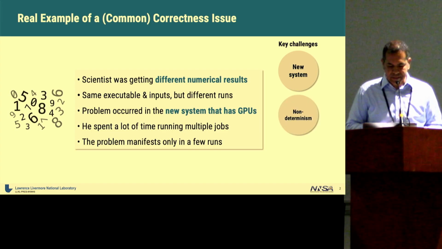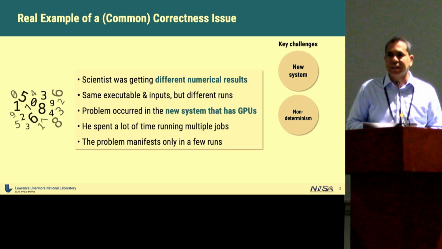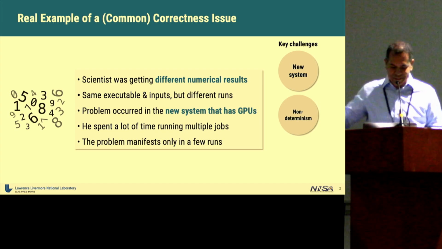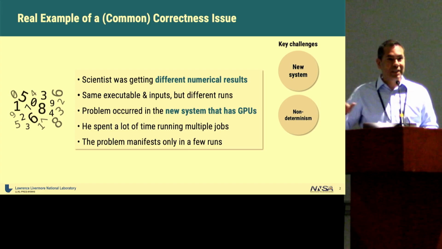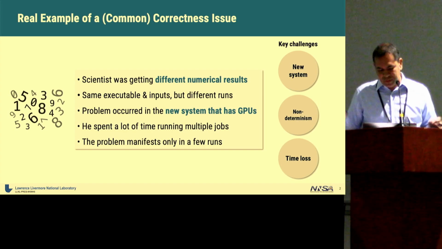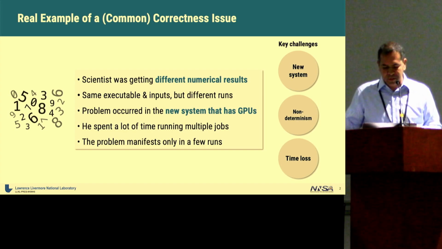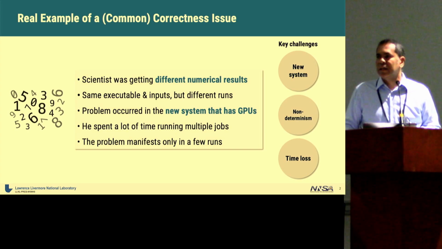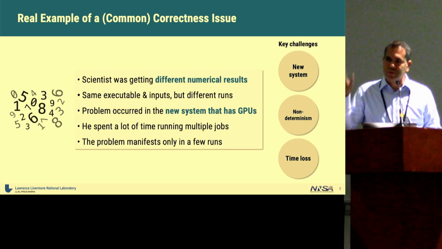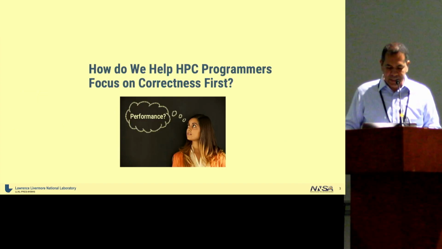The other challenge is that there is non-determinism here, and this makes correctness problems really difficult to debug. I'm going to give you more examples later, but non-determinism is a huge problem. And the other characteristic is that there's a lot of time lost. I'm going to go through more details on these characteristics of correctness problems, but I wanted to start with a real example of what we commonly see.